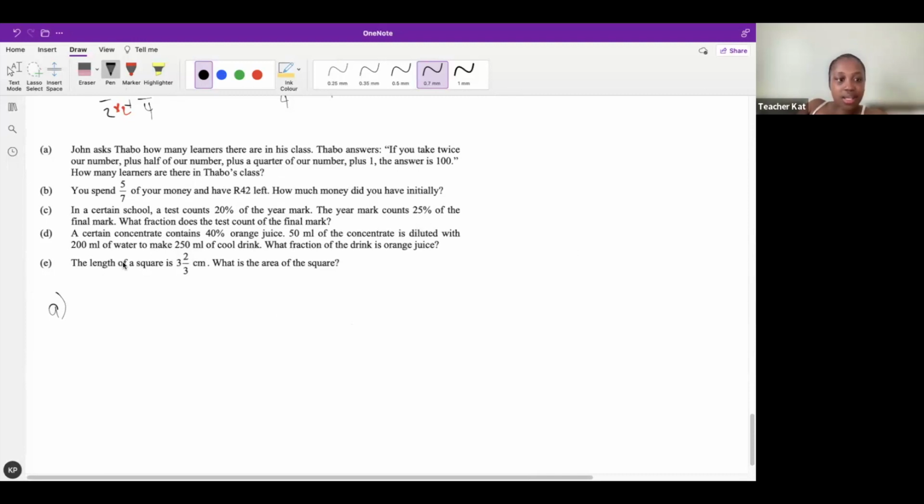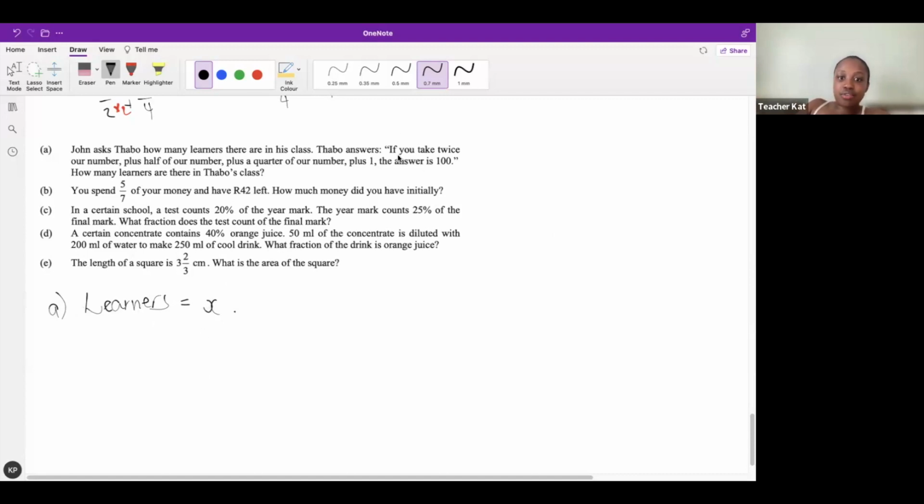We say it's X. So I'm going to choose that the number of learners is X. Now, it's very important to do this before you use X in your sum. Otherwise, the teacher will be asking you, where did this X come from? Like, it just came out of nowhere. So now we've chosen X to be our number.